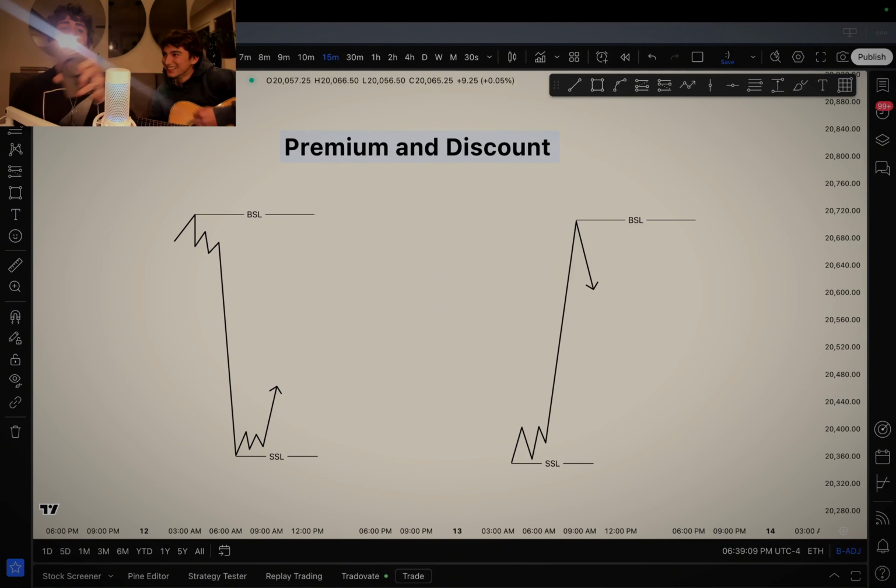Keep longing at the discount, because this is buy low, sell high. Fibonacci will get you right. Price seeks liquidity and rebalances ranges. That's how you trade this. With the premium and discount, you will maybe probably get laid.